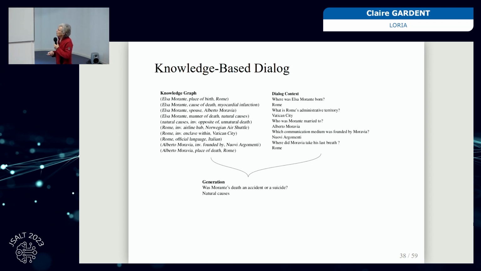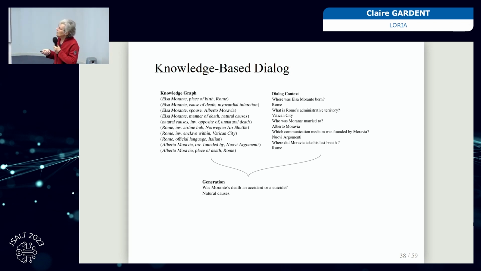The task is to generate, given a dialogue context, which is always a sequence of question-answer pairs, and each question-answer pair is grounded in a knowledge-base triple, in a fact. You can think of it as a tutoring dialogue: a sequence of question-answer pairs about entities that are related within a knowledge graph.